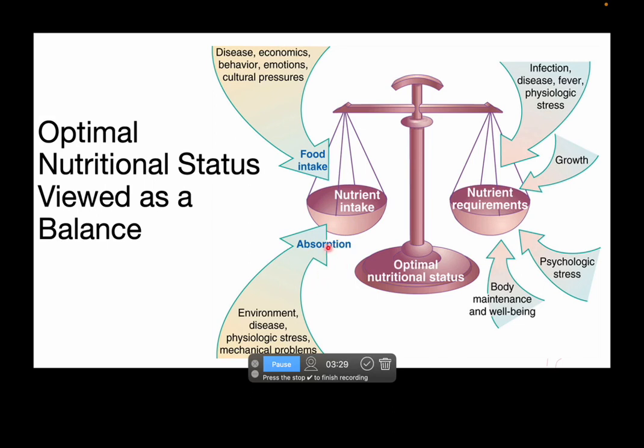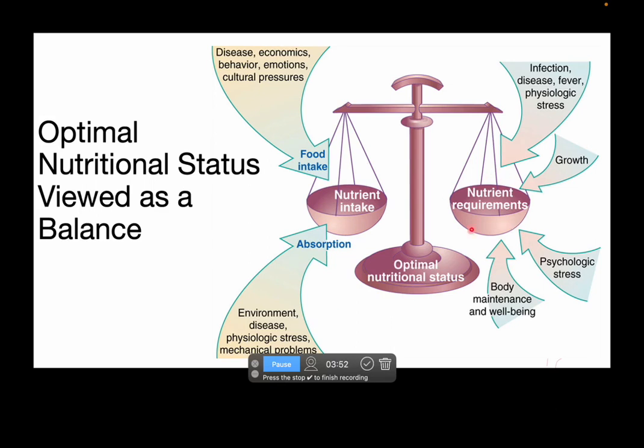Then we have absorption. So think about someone having type 2 diabetes. If it's poorly controlled, insulin is not signaling for nutrients to get into the cells. So that means that the nutrients that are consumed are not being absorbed. Similarly, it could be someone with, say, celiac disease.